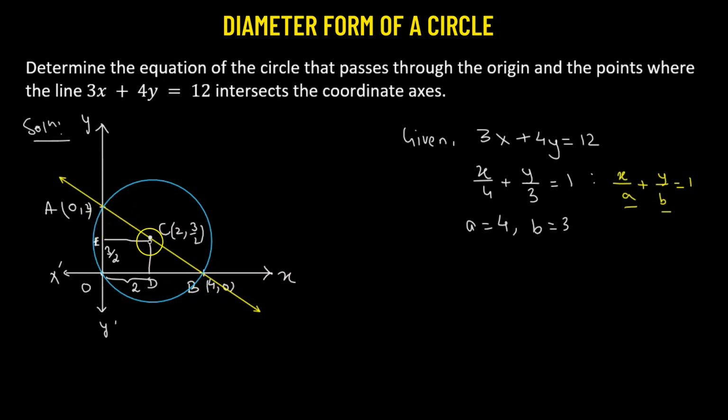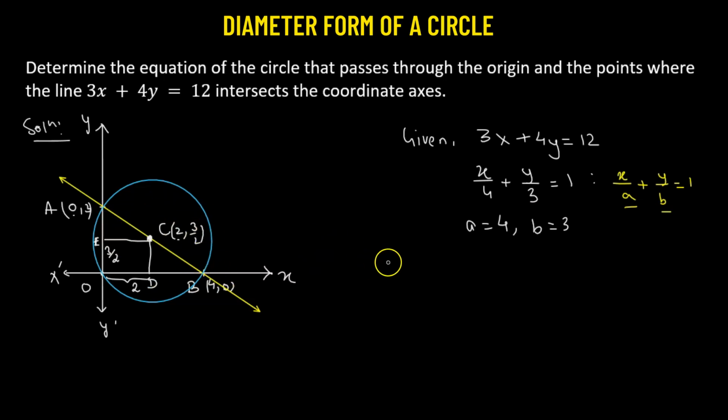So we can also confirm that the coordinates of center C, if we use the endpoints A and B, are also going to be (2, 3/2). That's because if we add the x coordinates, 0 plus 4, that's 4, divided by 2 gives us the midway coordinate, that's 2. And we have the y coordinates, 3 plus 0, is 3, divided by 2 gives us the midpoint. So indeed, we can say that AB is going to be the diameter of our circle.